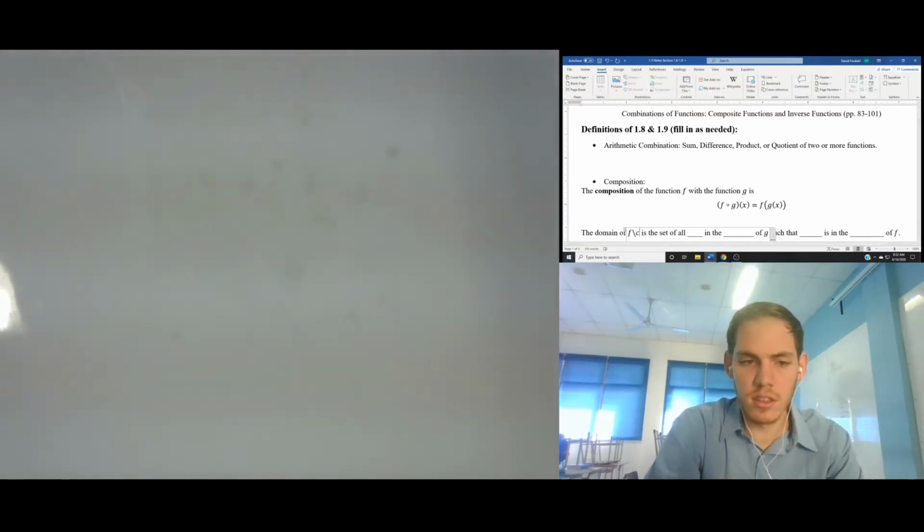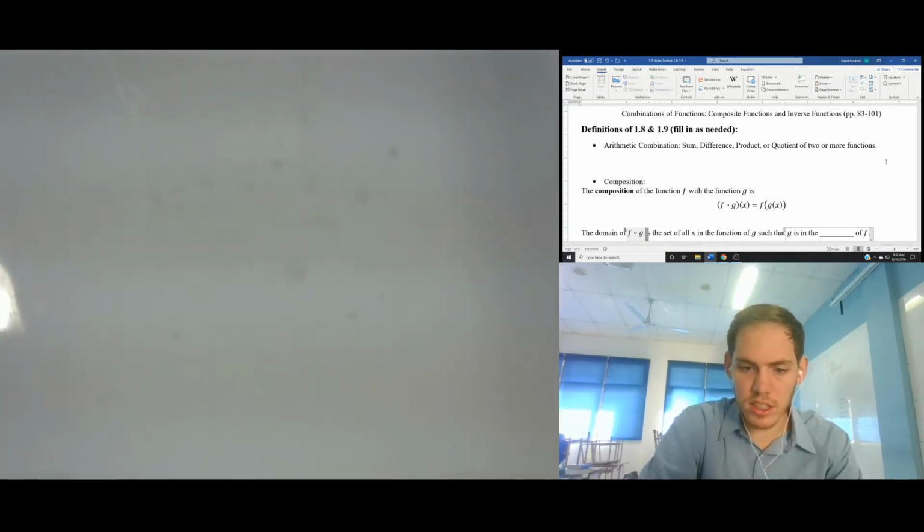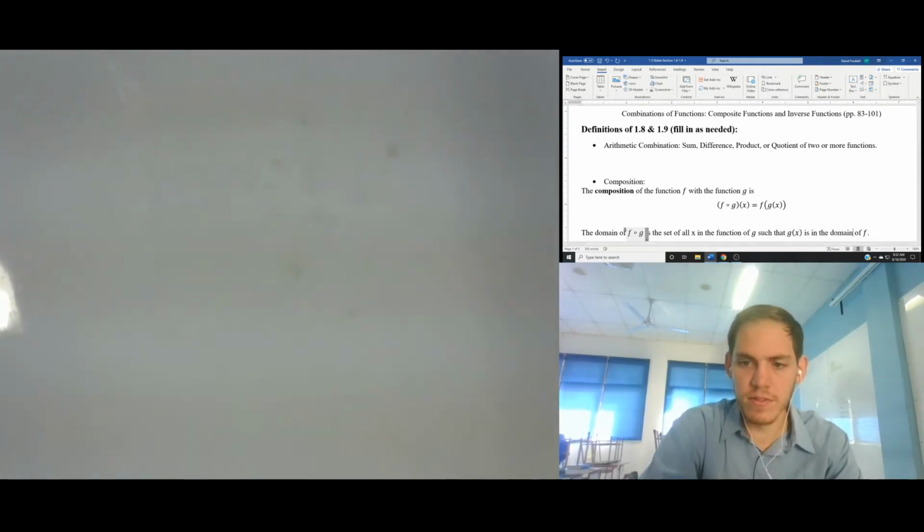And the domain of f of g is the set of all x in the domain of g such that g of x is in the domain of f.